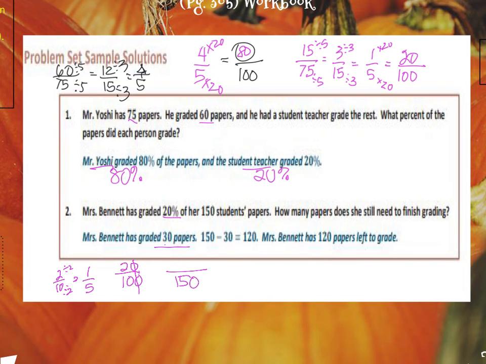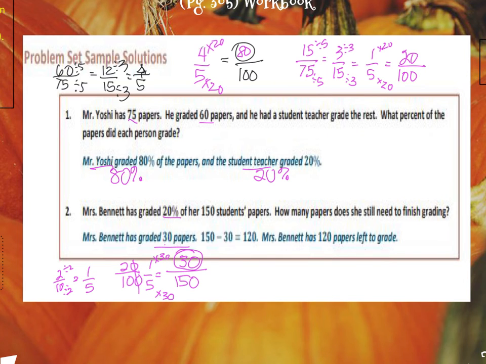So now I'm going to go 1/5 equals, and then 150. Well, 5 times 30 is going to give me 150, so I have to multiply that by 30 as well. So there's where I get the 30.